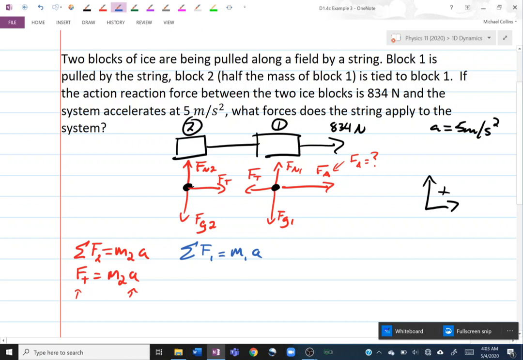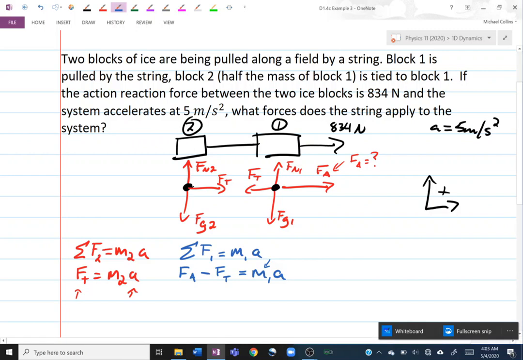So now we're going to have to rely on math skills. There's no ifs, ands, or buts about it. The action-reaction force between the two blocks is 834 newtons. I know what the acceleration is.